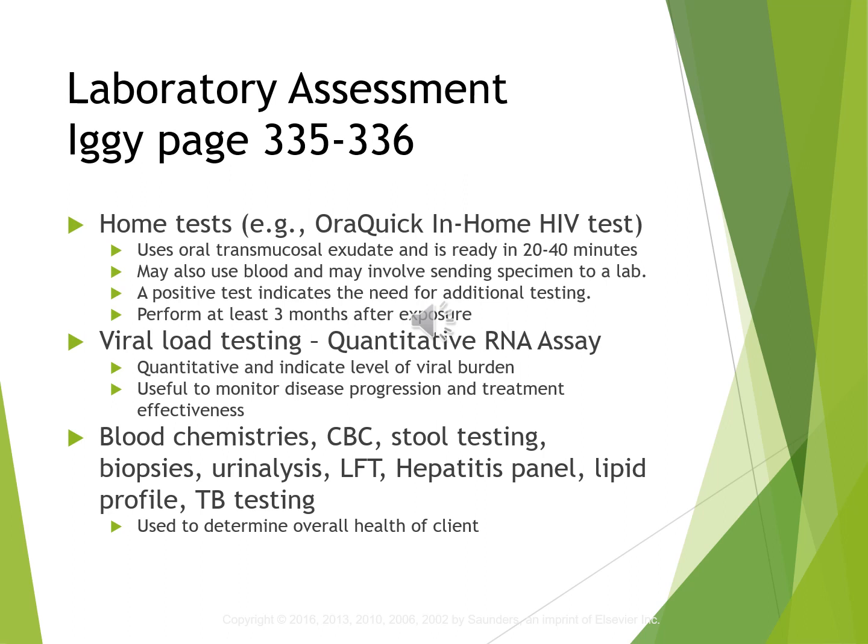Urinalysis, LFTs, hepatitis panels, lipid profiles, because we've already said that this could affect our lipid panel. But things for basic overall health, because some of these medications can affect liver function and stuff like that. And then TB testing, because these patients are at a higher risk for development of TB versus somebody who is not HIV positive. So that may be another test that they will be doing.